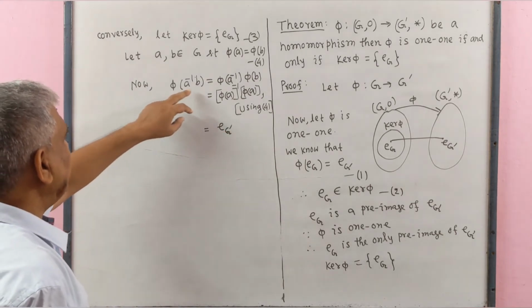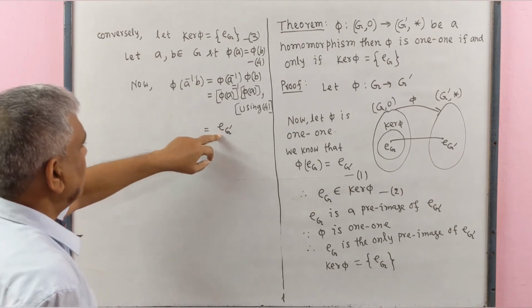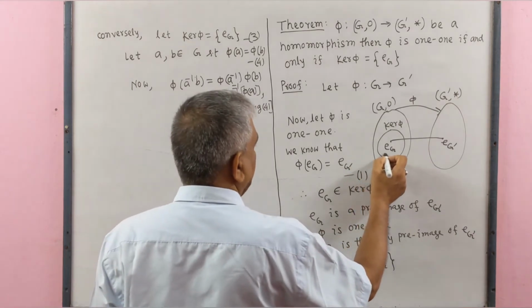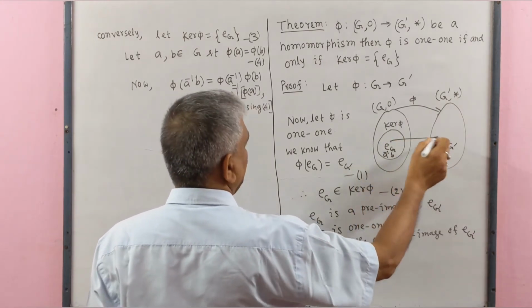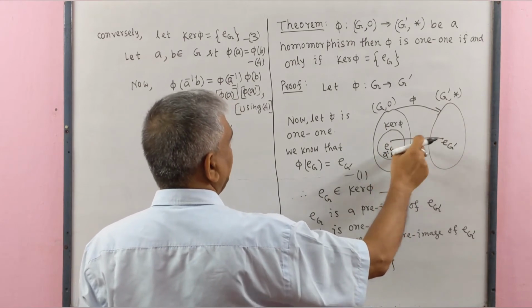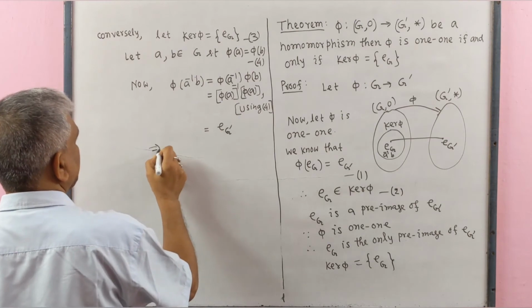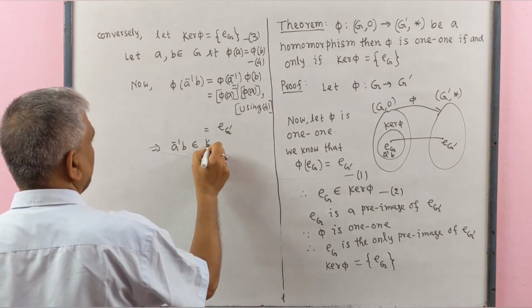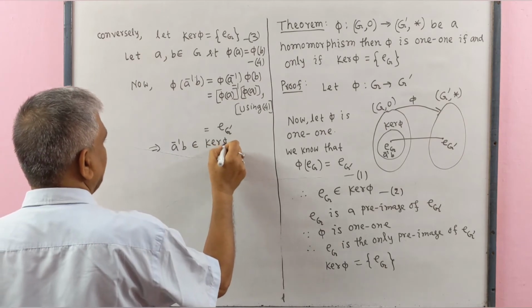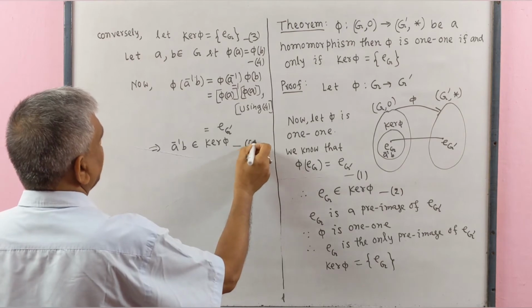Therefore phi of A inverse B is EG prime, meaning the image of A inverse B is EG prime. That means A inverse B belongs to the kernel of phi. This is number 5.